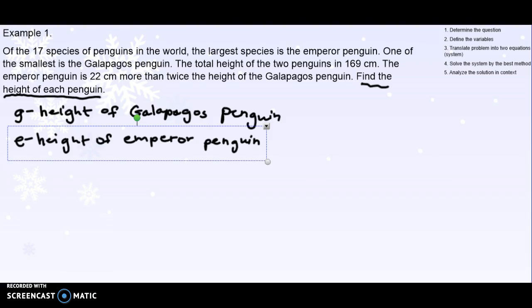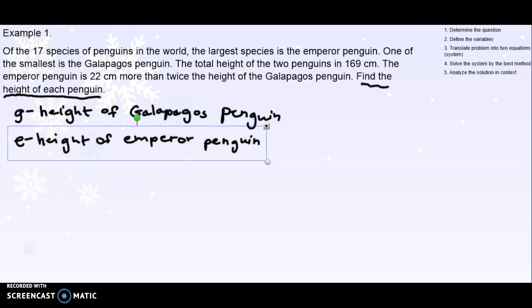So if I go back and look at my problem again, it says, of the 17 species of penguins in the world, the largest is the emperor penguin. Well, 17 is a number in there, but I don't really care about all 17 species. I'm only worried about that largest species, which is the emperor penguin, and the smallest, which is the Galapagos. So we're not going to worry about that number. If we keep going, it says the total height of the 2 penguins is 169 centimeters.